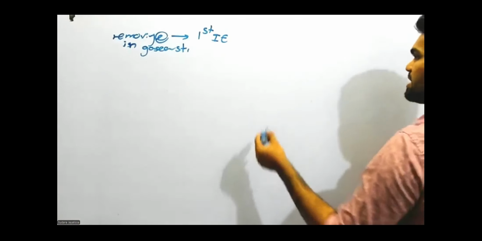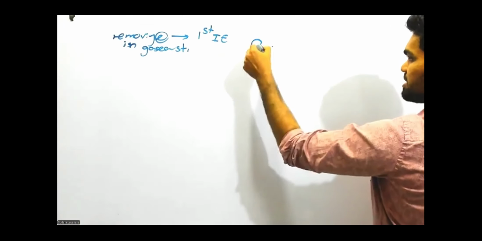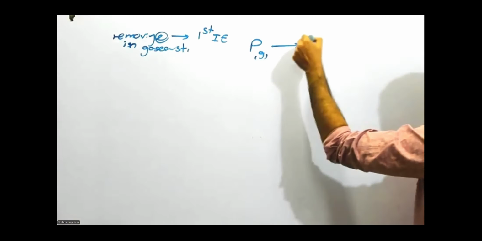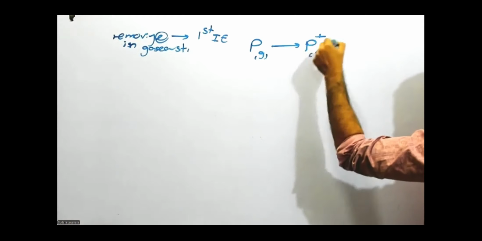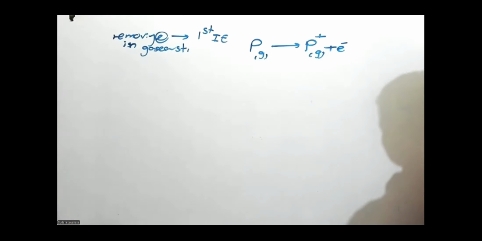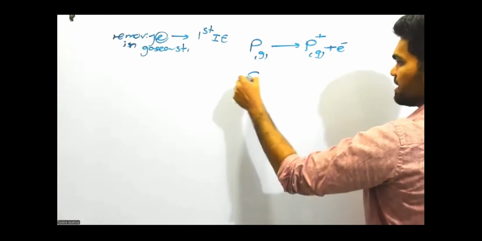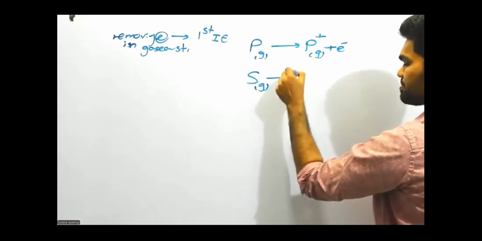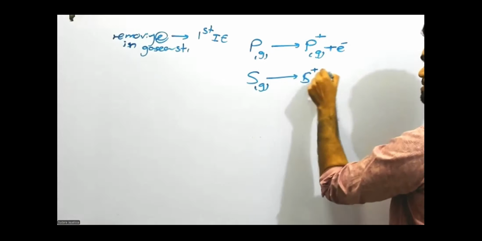First of all, you have to understand that. So if you take a gaseous phosphorus atom and remove one electron, it will become P plus. And the other one they are comparing here is sulfur, S plus.